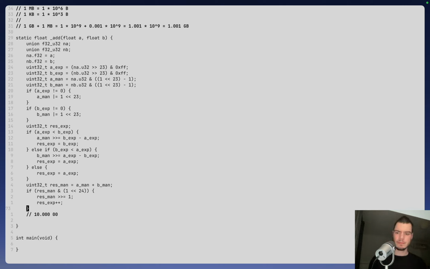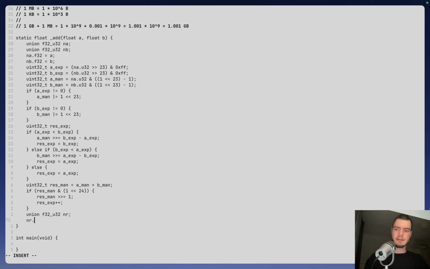All right. Let's just try if this works. Actually, we first need to create our resulting complete value, like the actual floating point value. So I'm just going to create another variable of our union type. I'm just going to call it nr for result.